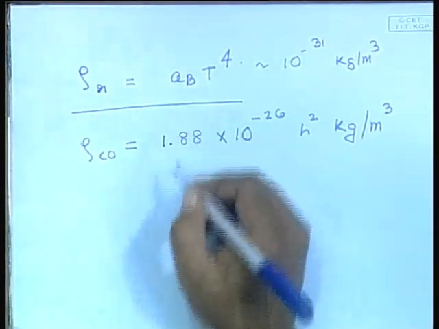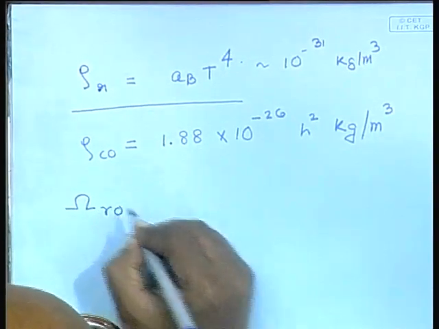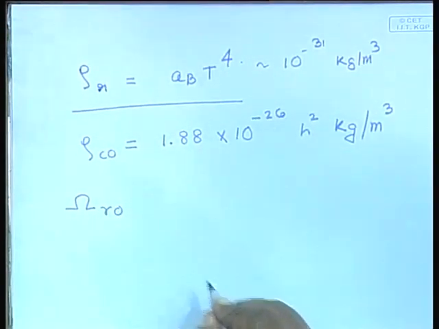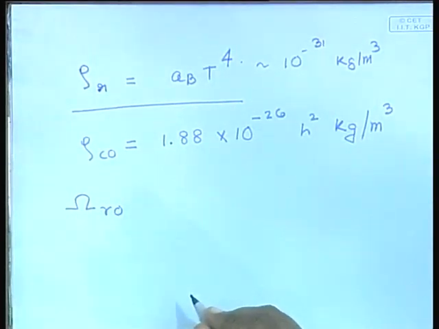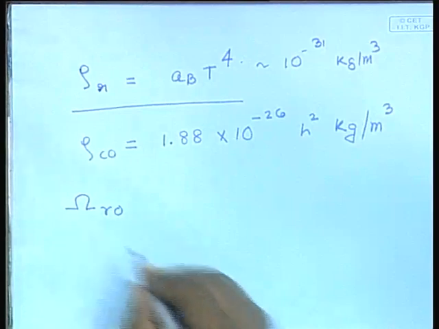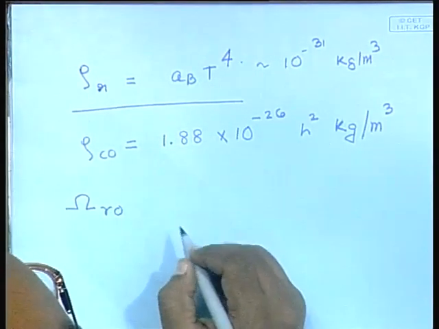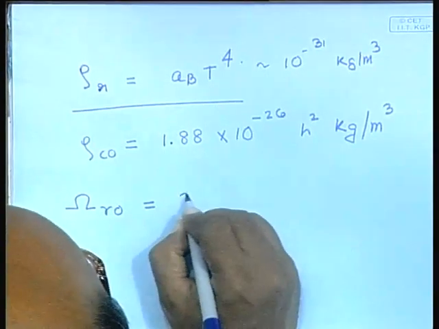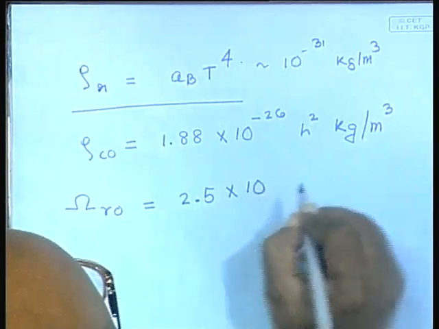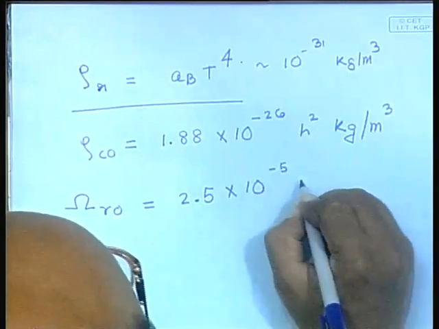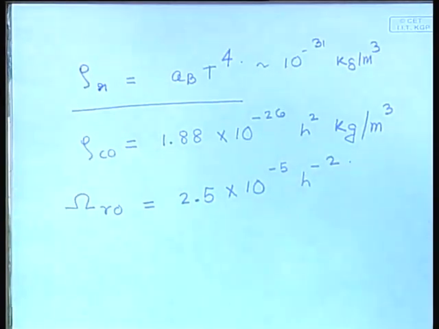So, the ratio of these two gives us the density parameter in this radiation, in photons present. This is the contribution to the density parameter from the CMBR, and this turns out to be 2.5 into 10 to the power minus 5 h to the power minus 2.